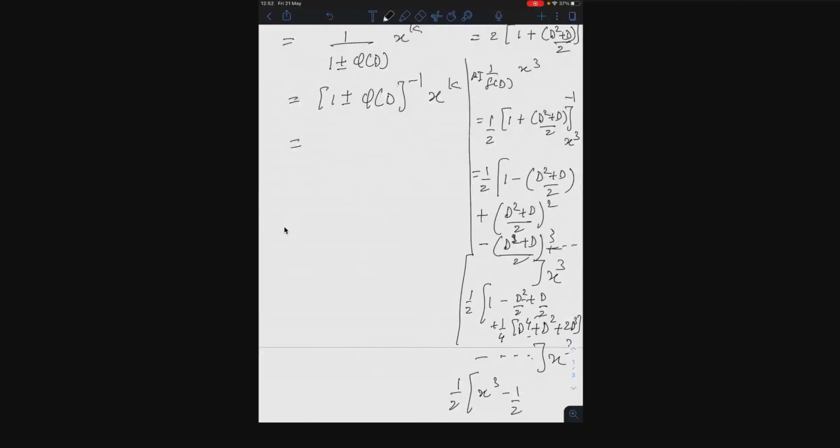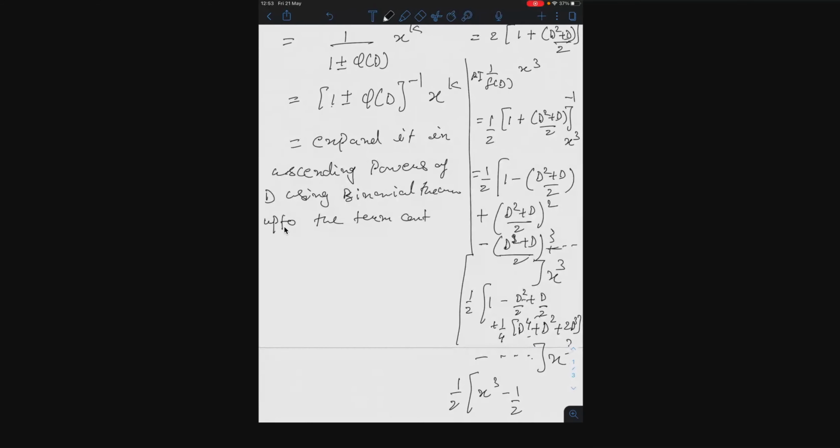After writing 1 plus or minus phi of d whole inverse, what you need to do is expand it in ascending powers of d using binomial theorem, up to the term containing d to the power k.